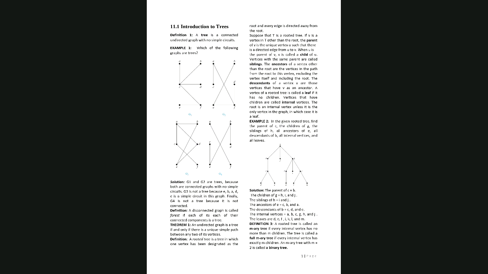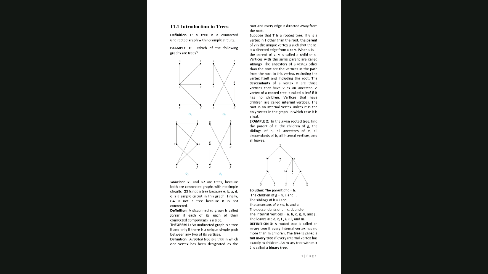And by this definition, we will see here: if the graph is connected, there is a path between two different vertices. Now, if the path is unique, then it is called a tree, meaning there is no second path. Exactly one path between any two vertices means it is a tree.